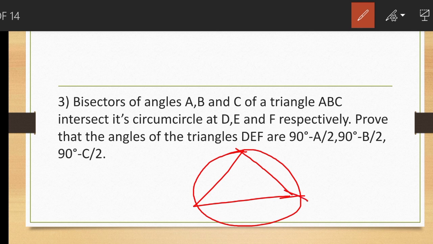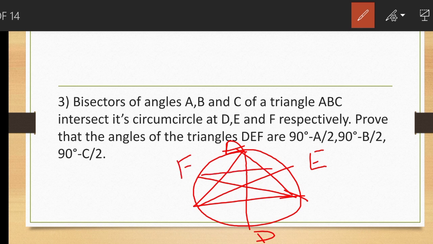Now the bisector of angle A meets the circle at D, the bisector of angle B at E, and the bisector of angle C at F. If we join these points E, D and F, we get another triangle, which is also inside the circle.